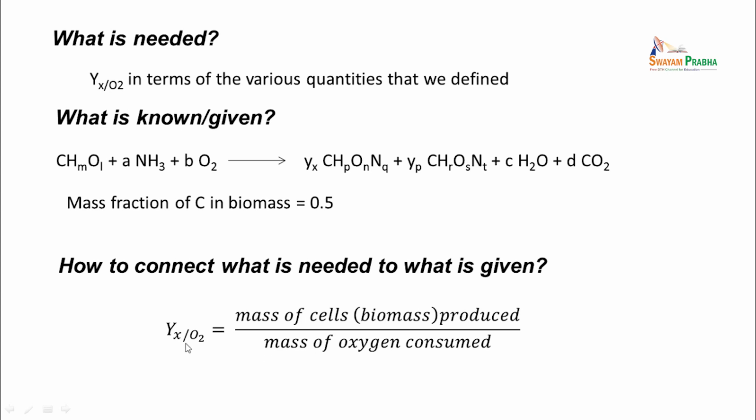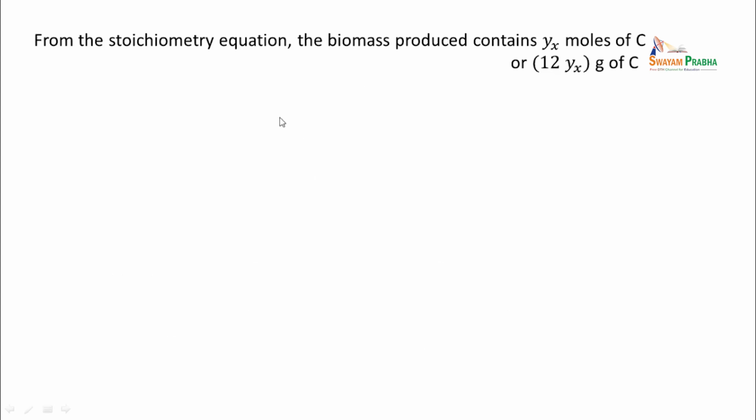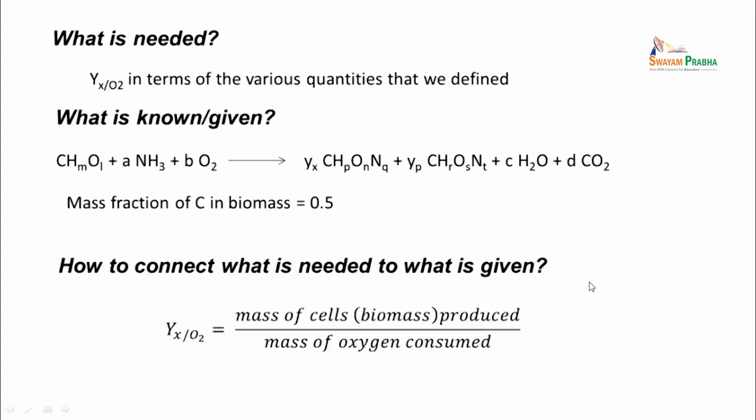We know that YX/O2, yield of cells with respect to oxygen, by definition is mass of cells or biomass produced divided by the mass of oxygen that is consumed. From the stoichiometric equation, the biomass produced contains YX moles of C or 12 YX grams of C. Let us see this stoichiometric equation again. This is our biomass here.